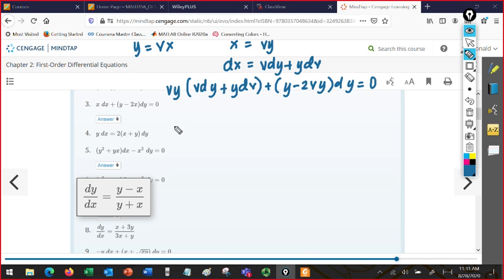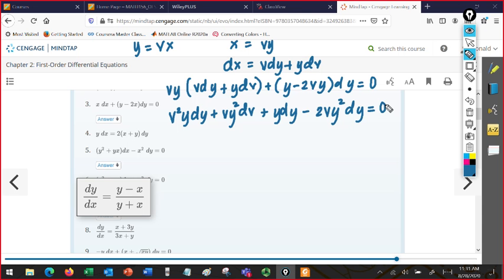Taking the product, v squared y dy plus vy squared dv plus y dy minus 2v y squared dy is equal to 0. Now, let's combine like terms.